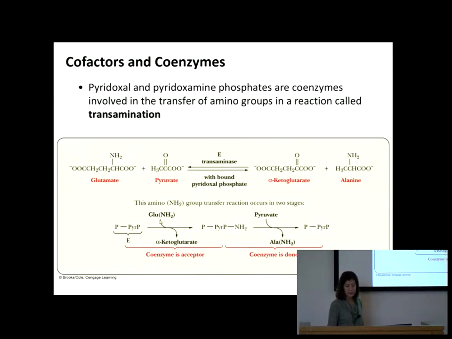When you see this sort of squiggly arrow, it means that this one is reacting with this one to produce this and this, okay? But the things that are on the sides are coming in and then going out, not going further in our stepwise look at the reactions in our pathway. So here, the enzyme with the peroxyl phosphate is going to react with a glutamate that has that nitrogen on it, and once it's reacted, it produces alpha-ketoglutarate.